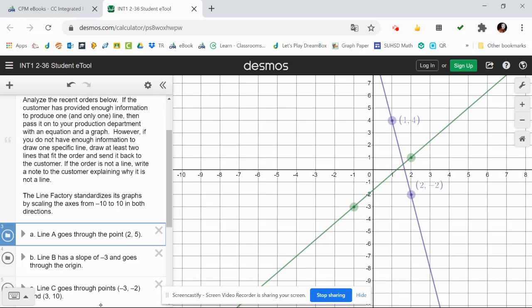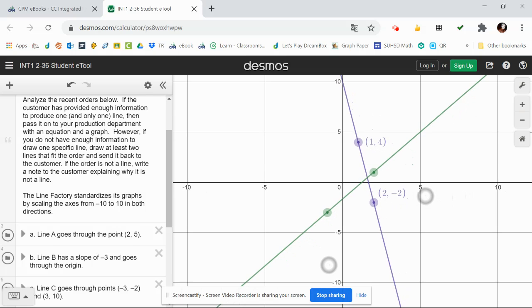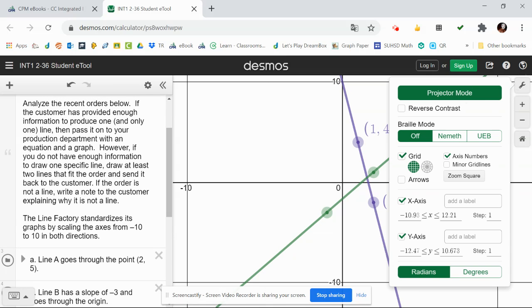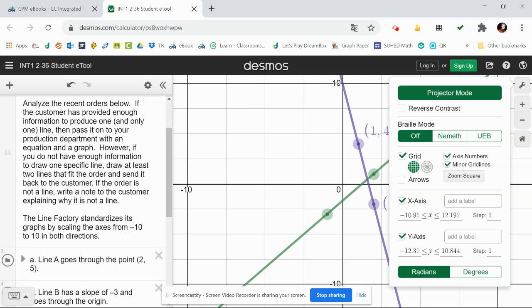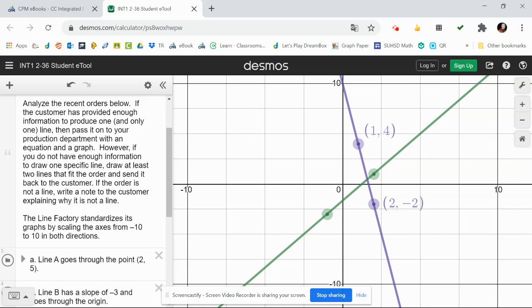So again, make sure you guys have -10 and then +10 over here. There we go. My grid seems to have disappeared. There we go. All right, so we go from -10 to +10.